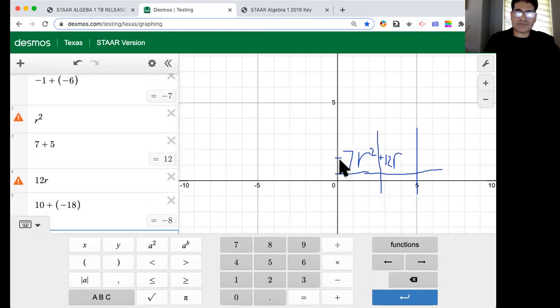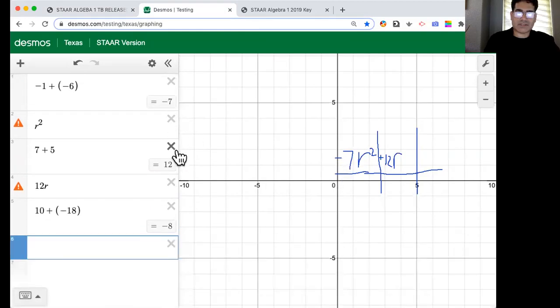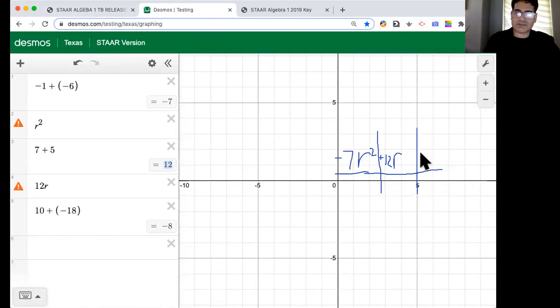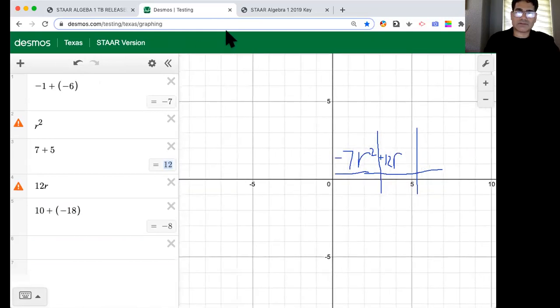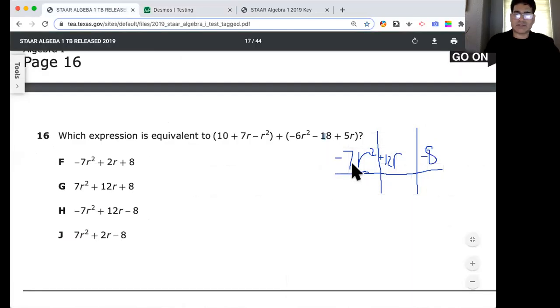So we have -7, we have +12, and we have -8. That's what our result looks like. Do we have a choice that has -7R squared, these two, right?